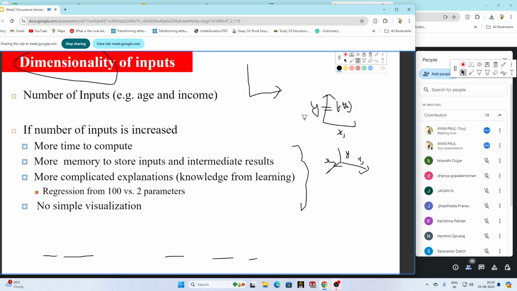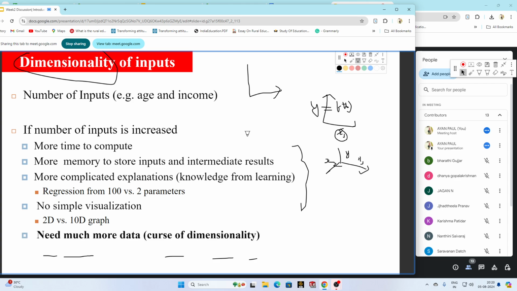So for one input we can visualize this data well by two axes. Okay, for two inputs we can visualize it by three axes. But if we have 100 inputs, how can we visualize it? So again, this is a problem. All this is called the curse of dimensionality.